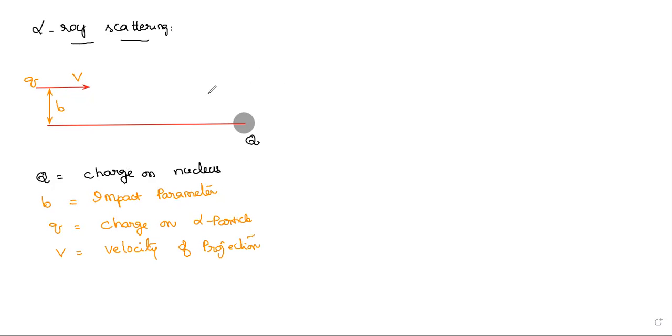Compared to angstroms, which is 10 power minus 10 meters, even if you project from very close to the target, at a distance in meters, that is nearly 10 power 10 times the size of the atom, so it is considered an infinite distance.